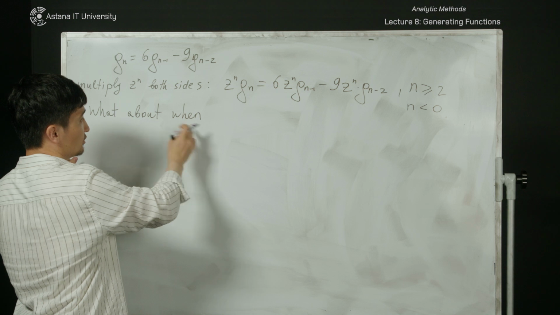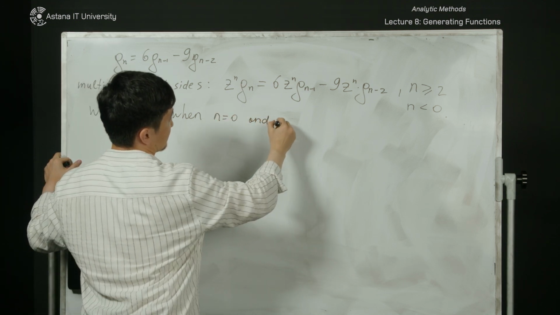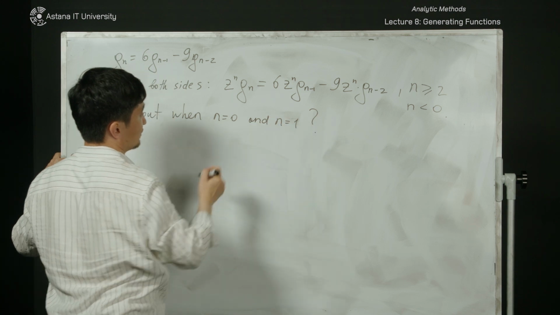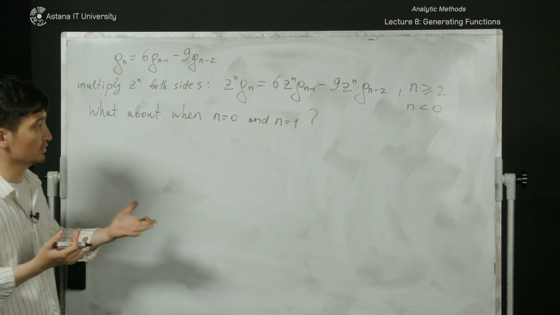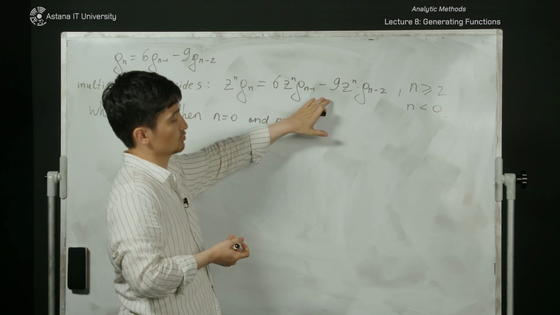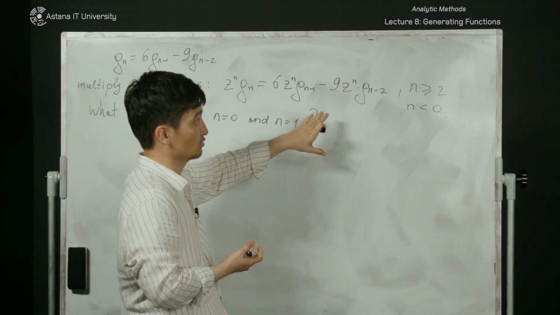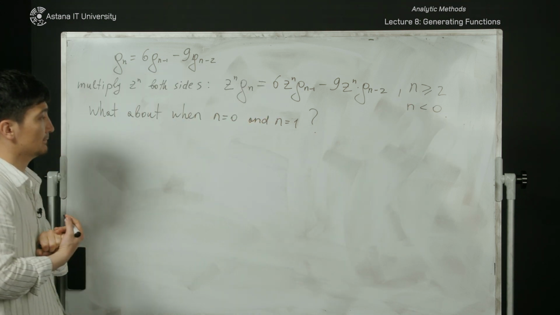But what about when n equals 0 and n equals 1? We have not incorporated these two into our general recursive form, since it is only true for n greater or equal than 2.